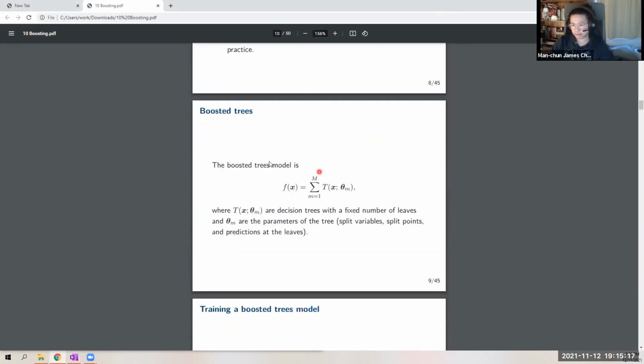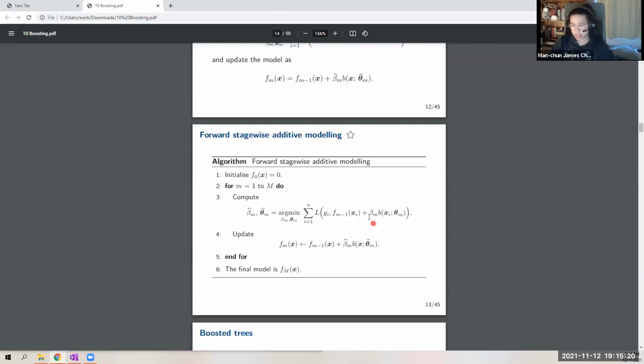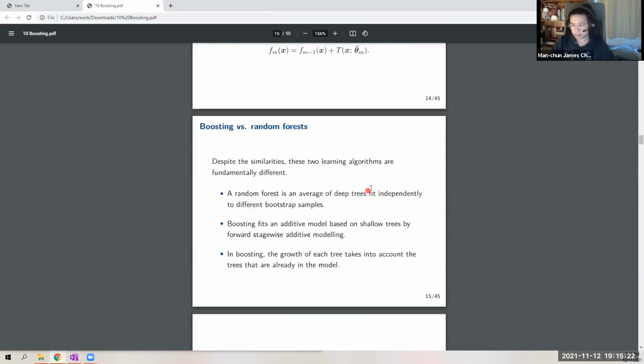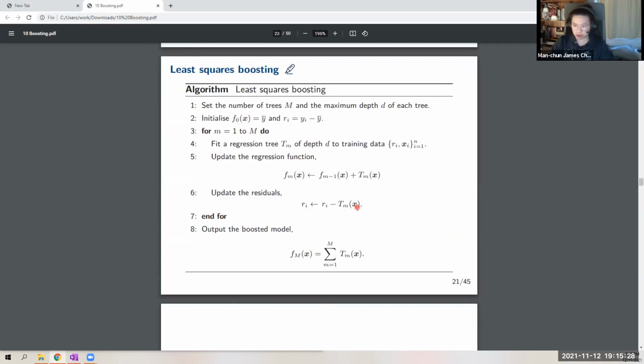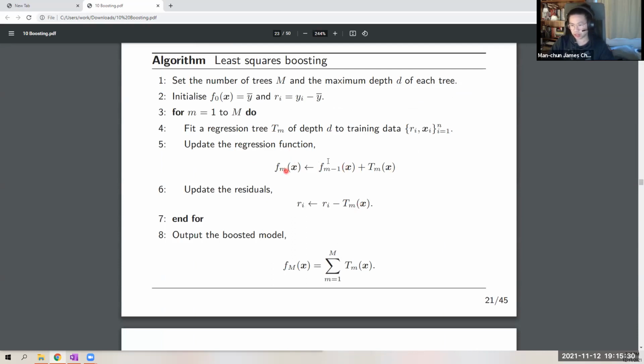So, boosting. Honestly, there's not really much we can say here. If we think about gradient descent, you take the parameter at step m-1, and this is equal to it subtracted by the learning rate multiplied by the gradient at step m.